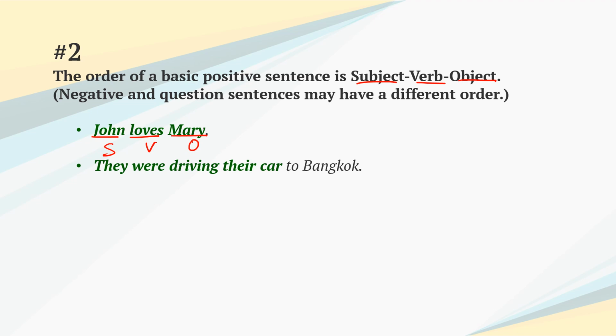They were driving their car to Bangkok. So they is the subject, were driving is the verb, their car is the object. To Bangkok, this is an adverbial phrase. Remember, the order of a basic positive sentence is subject, verb, and object.